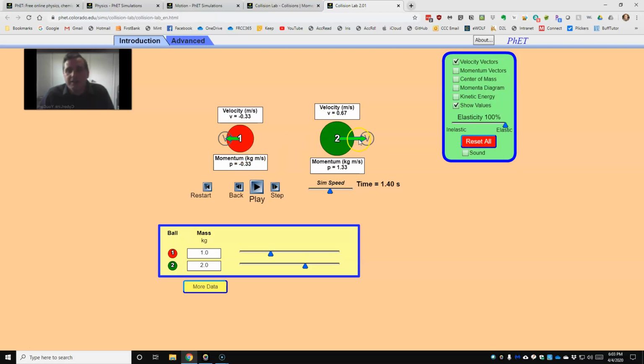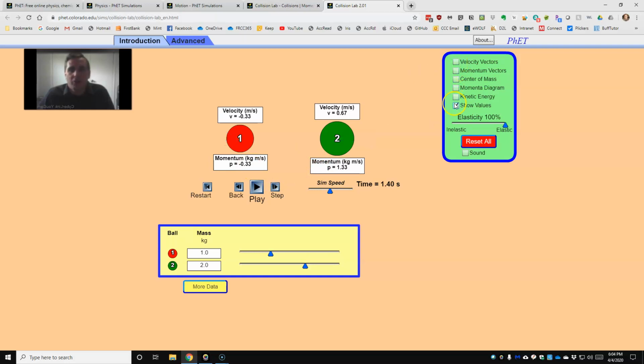Look at the velocity of ball 2. It has 2/3 of a meter per second, but it has 2 kilograms. So that should be 4/3 kilogram meters per second. But notice that's because 4/3 positive kilogram meters per second plus negative 1/3 kilogram meters per second is 1 kilogram meter per second. That should be the same momentum we started with.